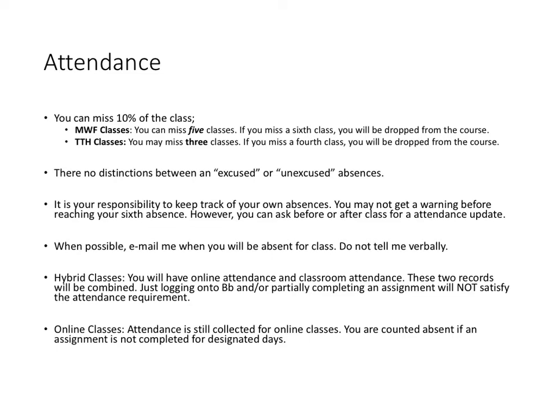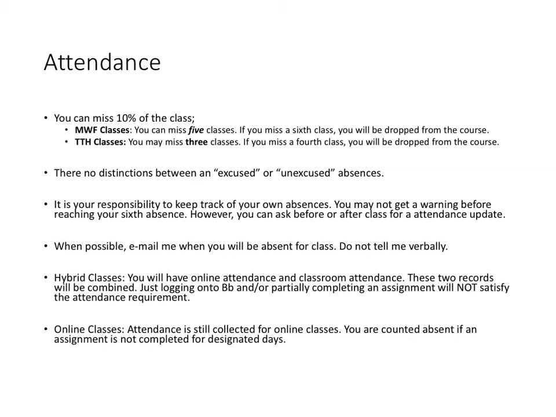Okay, let's talk about hybrid classes. If this is a hybrid class, you're going to have 1 online attendance and 1 classroom attendance per week. Which means I'm going to see you in class one day, and then you're also going to have an online assignment due. So both of these records will be combined.